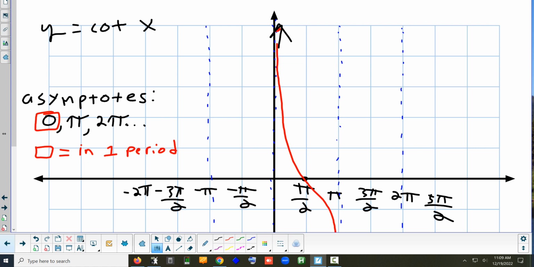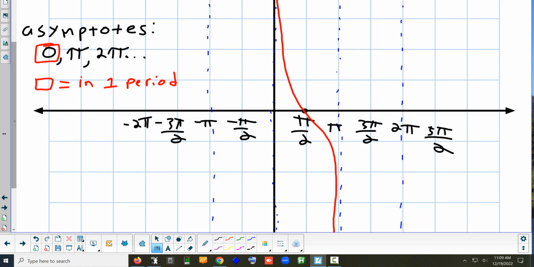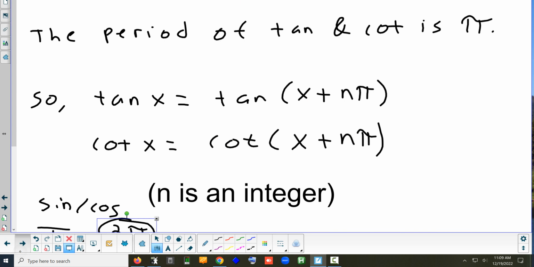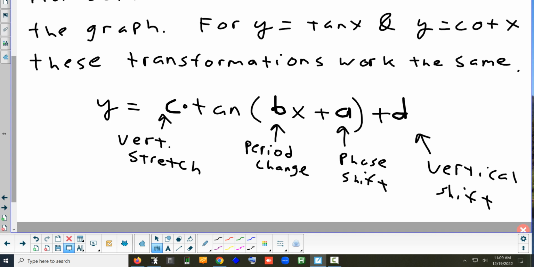They just keep going up forever and down forever. So they're infinitely tall. I've never really heard tangent referred to as having an amplitude, so we're just going to call that the vertical stretch. And D is the vertical shift. If D is positive, it would move up. And if A is positive, it would move left, and negative would be right.